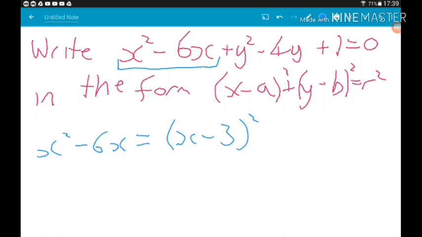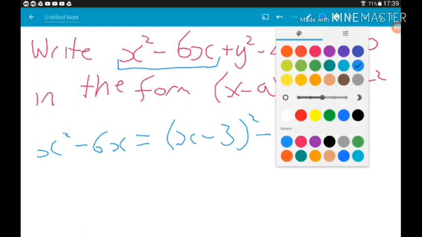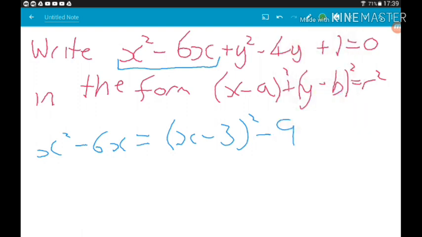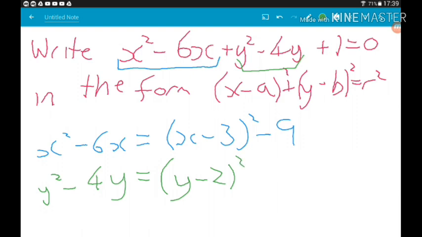So it's x minus 3 all squared minus 9. So that's the x part done. Now we need to do the y part. So y squared minus 4y is y minus 2 squared and then minus 4.